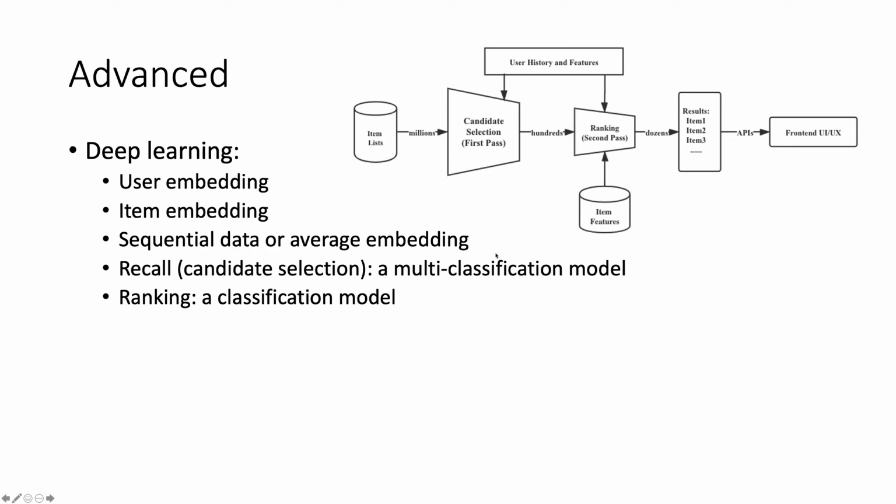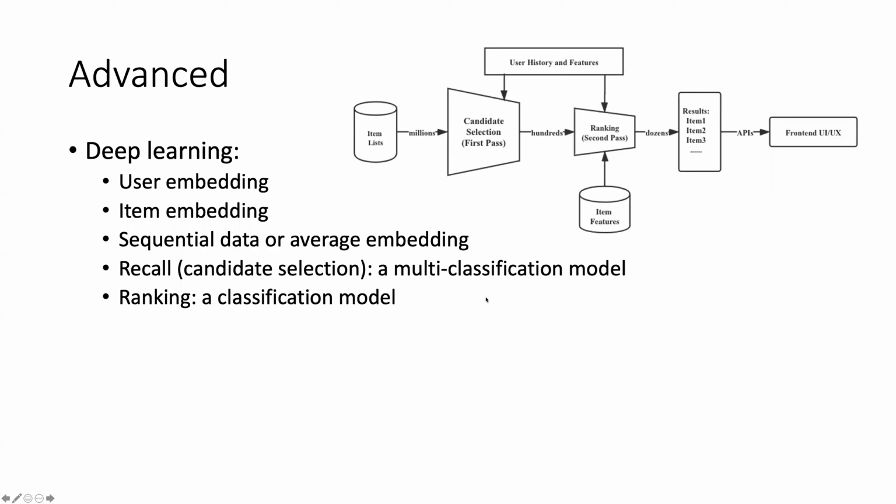Could be, for example, this user has purchased this product or not, right? Based on that, we can predict a probability for each user-item vector, whether this product is going to be purchased by the user or not. And then we rank by the probability, and then we get the results here.